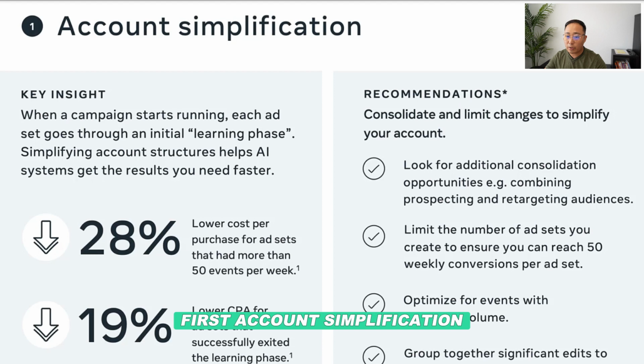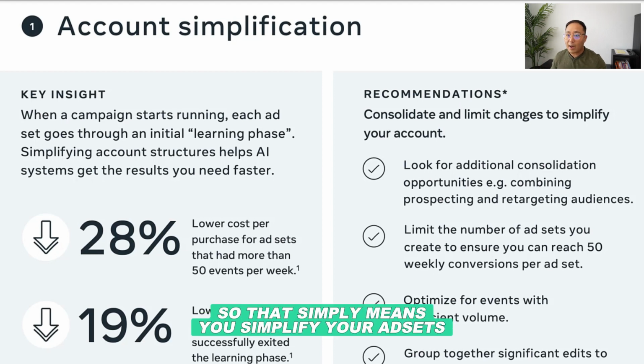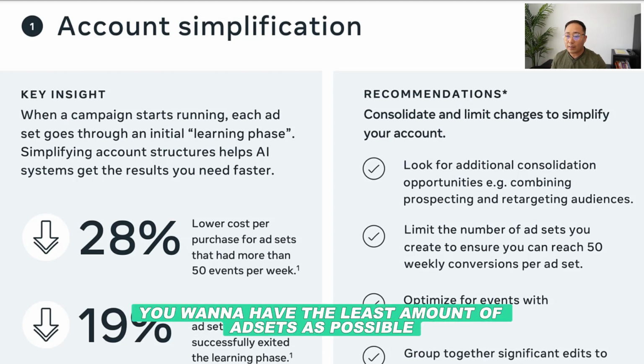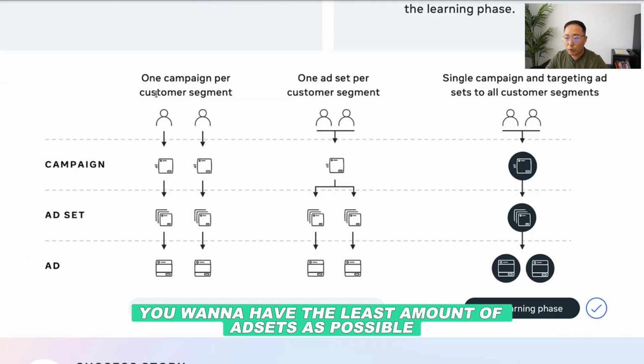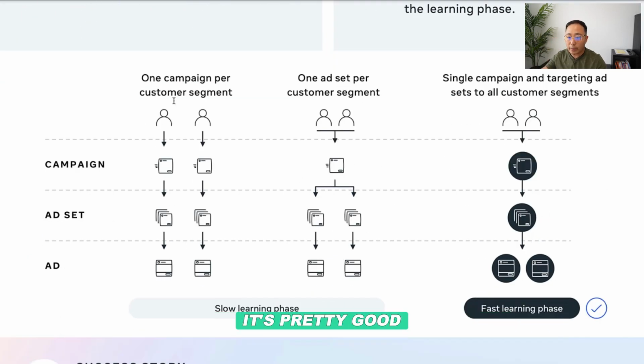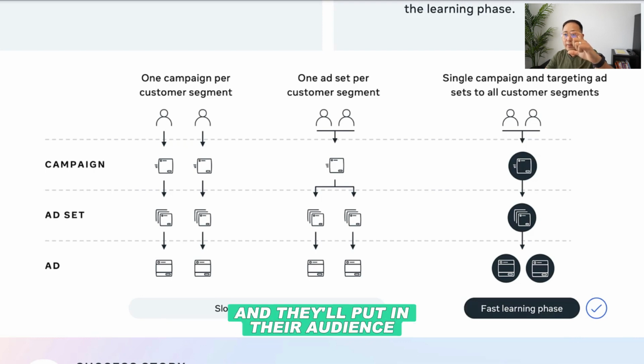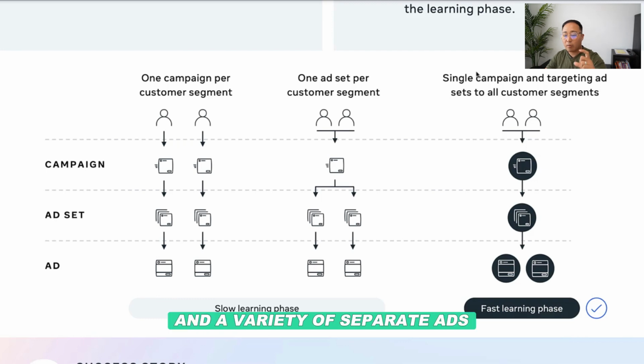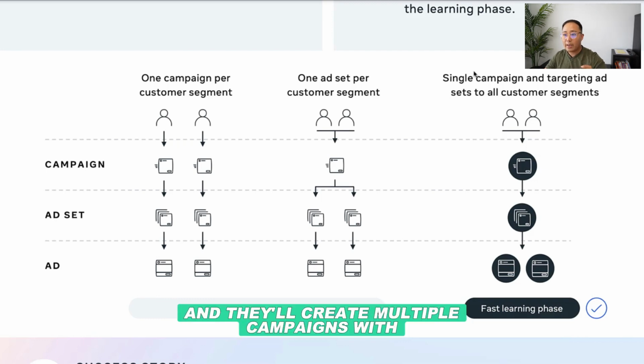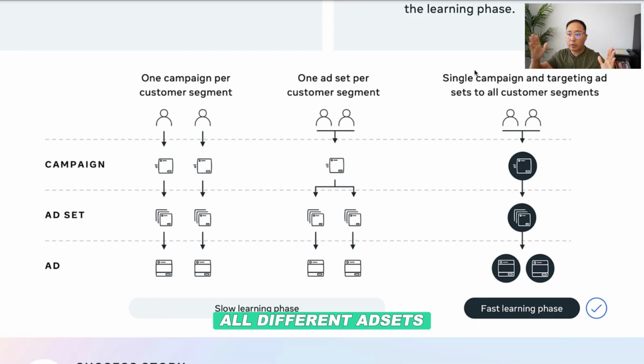First, account simplification. So that simply means you simplify your ad sets. You want to have the least amount of ad sets as possible. So this is a visual that Meta created. It's pretty good. Typically what people might do is they'll have one campaign and they'll put in their audience, which is the ad set, and a variety of separate ads, and they'll create multiple campaigns with all different ad sets.